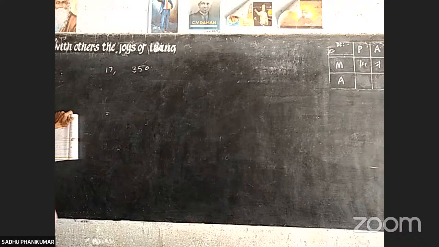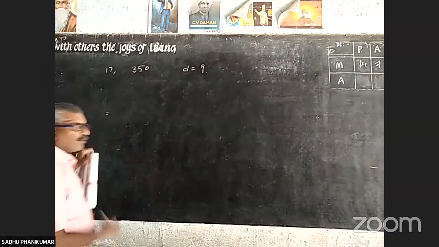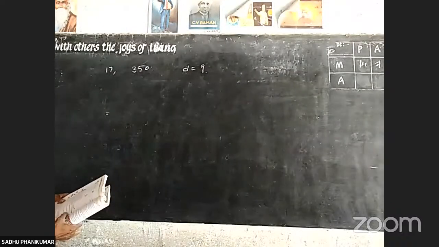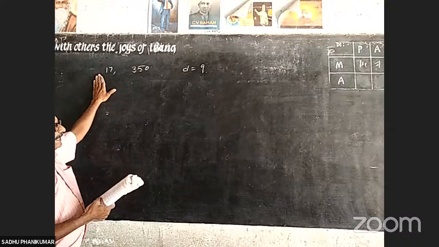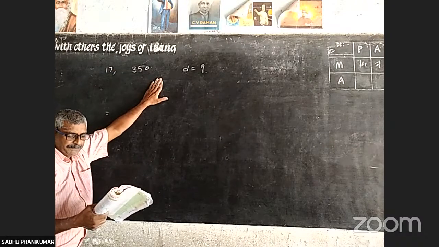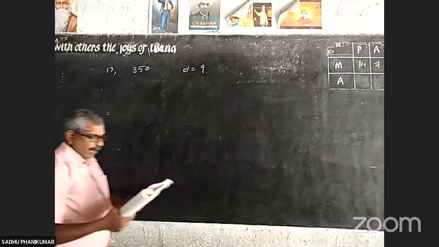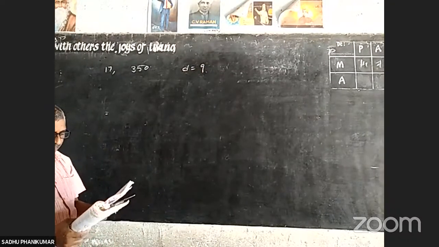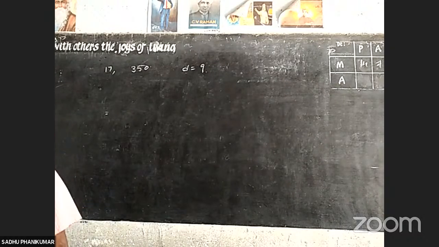The common difference is 9. What's the given condition? The first and the last terms of AP are 17 and 350, and the common difference is given as 9. What we have to find? How many terms are there? What is their sum? That we have to find.